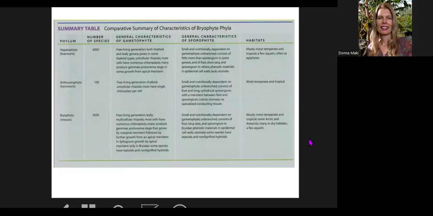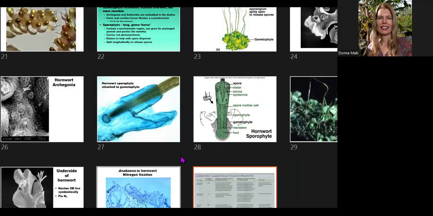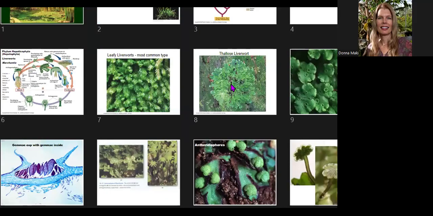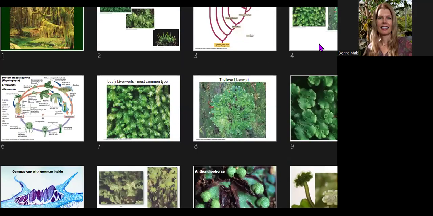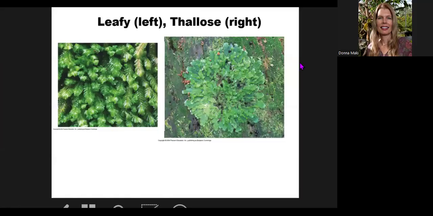Most of this stuff I've covered in what we just talked about with the mosses. That's pretty much everything I covered already, at least with what I see in the row on mosses. But let me say a couple of things about the liverworts. There are two main body types: the leafy or the thallose.